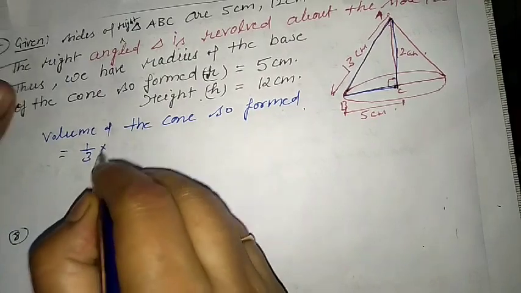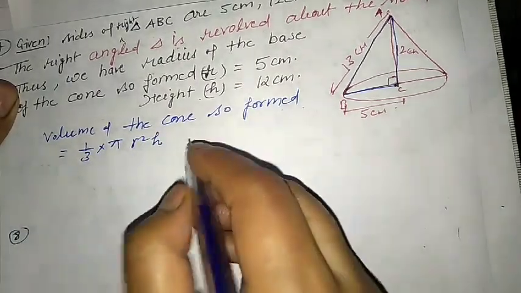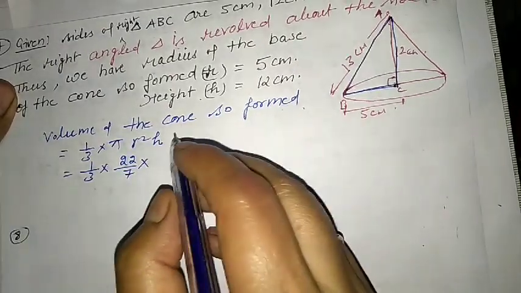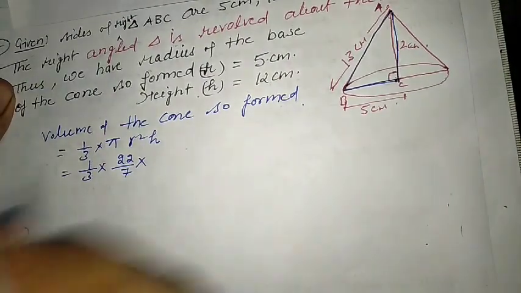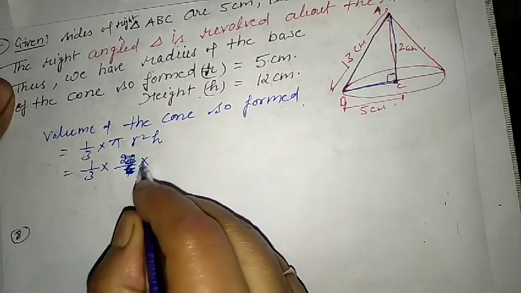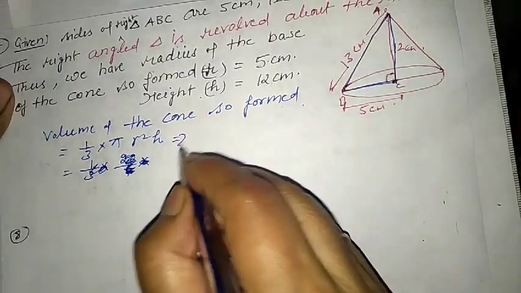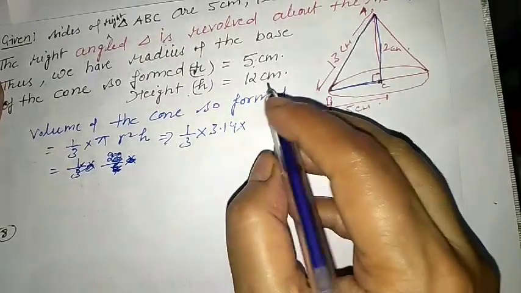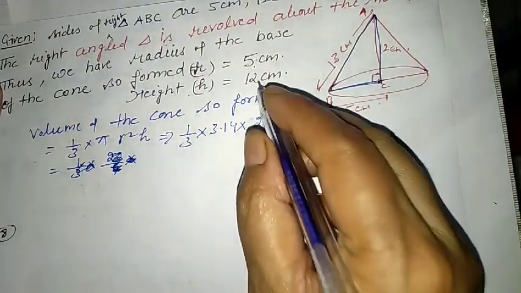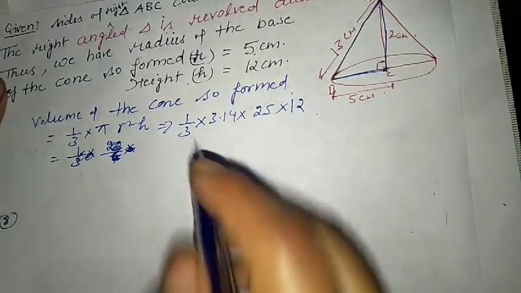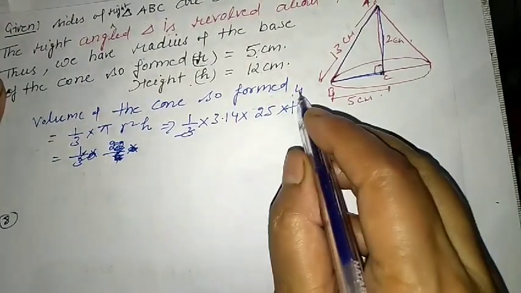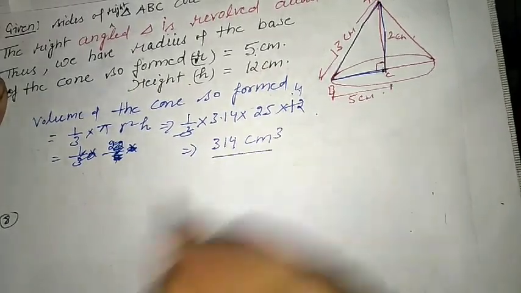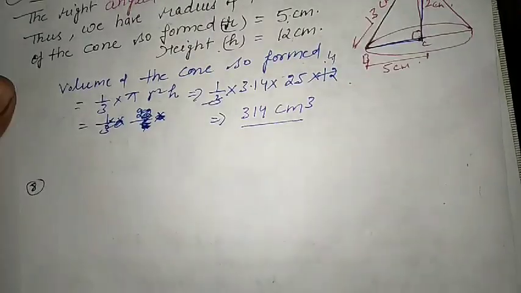So 1 upon 3 pi r square h equals 1 upon 3 times 22 upon 7, or because here we have 5 and 12, instead of 22 upon 7 we can use 3.14. 1 upon 3 times 3.14 times r square, r becomes 25, and this becomes 12. So 3 fours are 12 and 25 fours are 100. So we have 314 centimeter cube, or we can keep this in pi also.